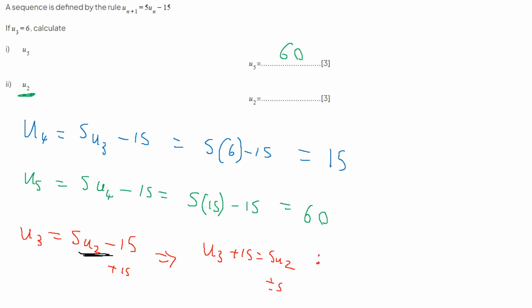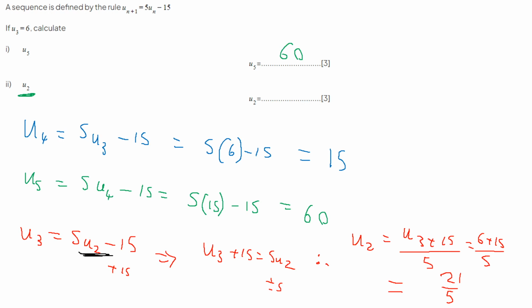So therefore, and this is the important part, u2 is going to be equal to u3 plus 15 divided by 5. And now all we need to do is sub in 6. So that's the same as 6 plus 15, all divided by 5. 6 plus 15 is 21, divided by 5. We're left with 21 over 5.